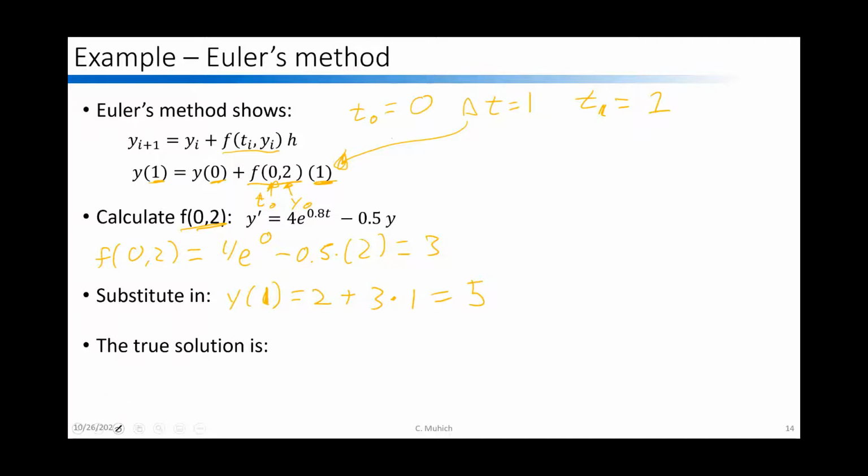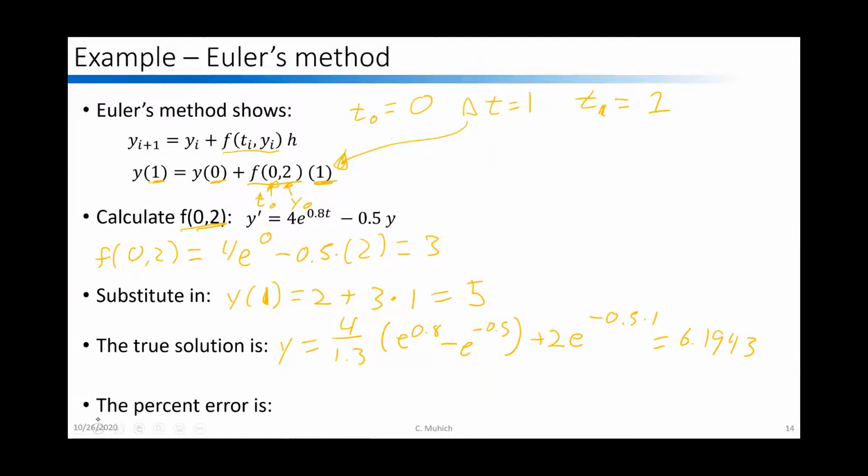Now, the true solution, remember, is 4 over 1.3 times e to the 0.8 minus e to the negative 0.5, plus 2e to the negative 0.5 times 1, which is 6.1943.